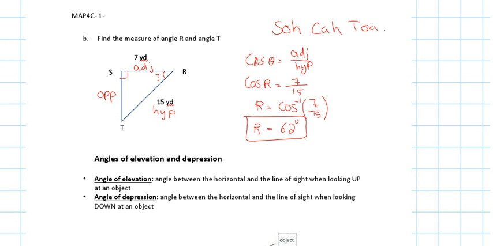How can I find angle T? Just subtract S and R from 180. Because I know the three angles equal 180, right? I know two of them. I know 90 and I know 62. So you can use one of the ratios again and solve, but then why would you bother? Okay? So the third angle T is 180 minus 90 minus 62.